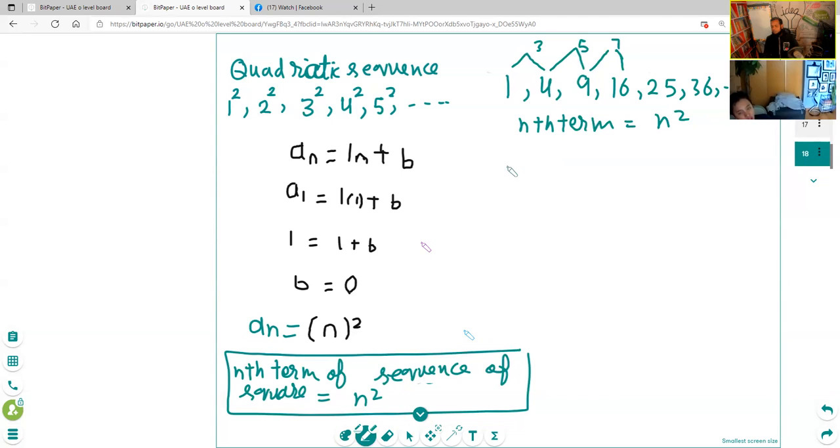What will be the cubic? If it is 1, 8, 27, this is the cubic sequence. It means 1 cube, 2 cube, 3 cube, and so on. Can you tell me another term of this cubic sequence?